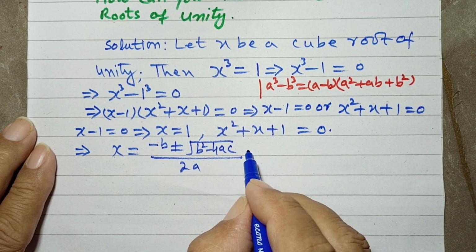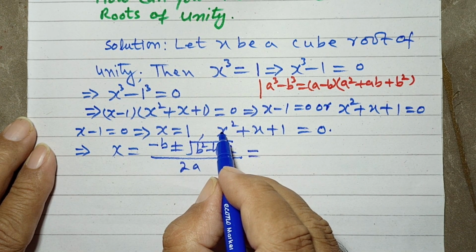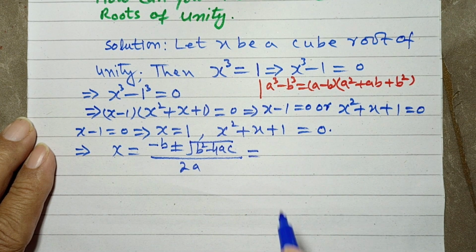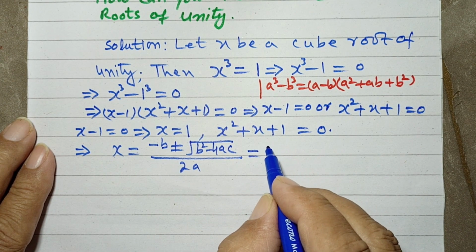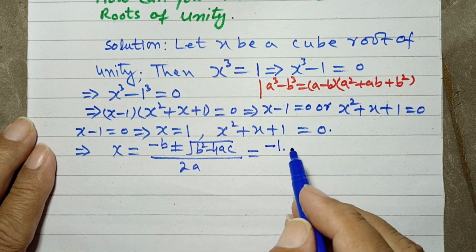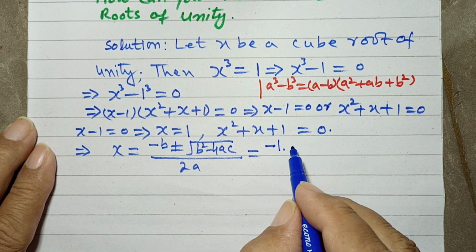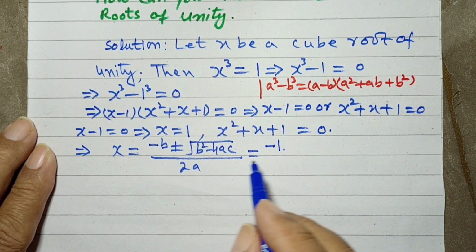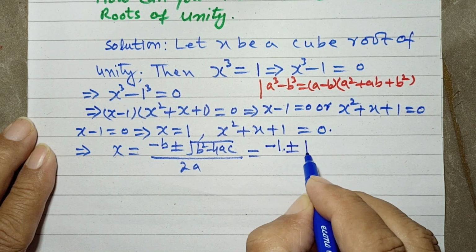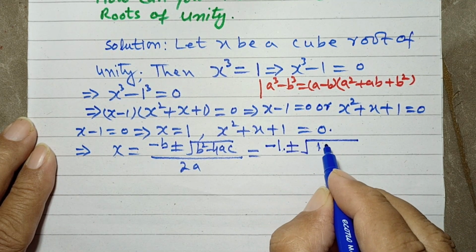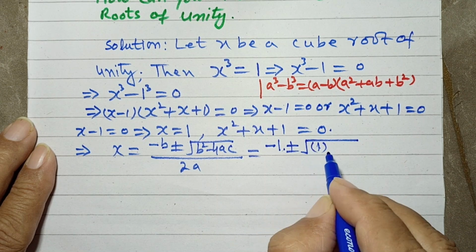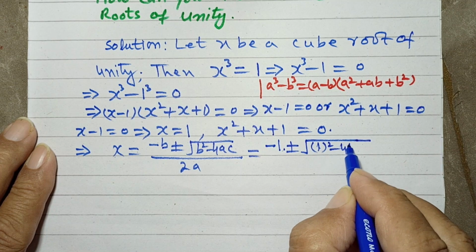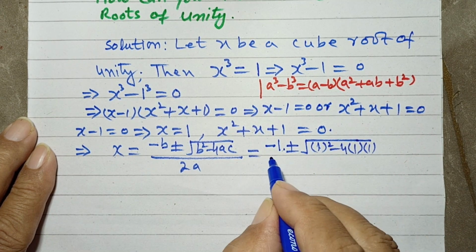Here the value of a is 1, b is 1 and c is 1. So the solution of this equation is minus 1 plus minus square root of square of 1 minus 4 into 1 into 1 over 2 into 1.